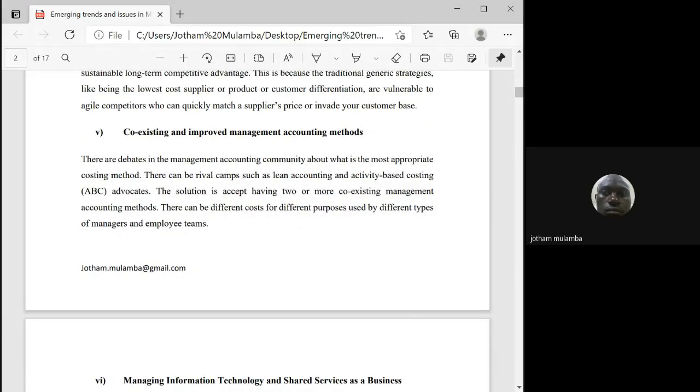When you talk of activity-based accounting, we have done this when we were computing labor costing; what we applied is what we are referring to as activity-based accounting.